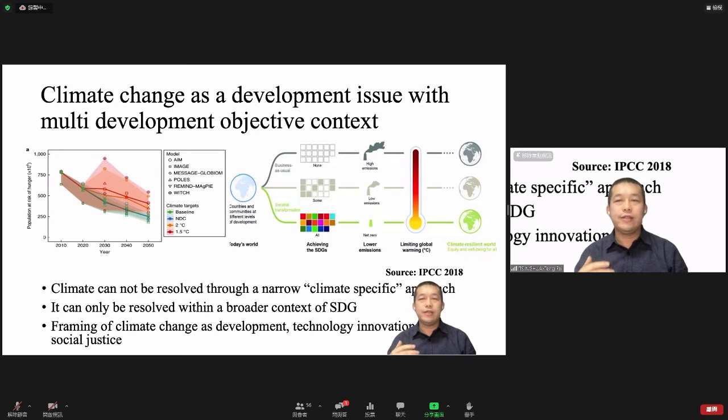So if you want to resolve climate change, you must consider it within a broader context of social economic development.